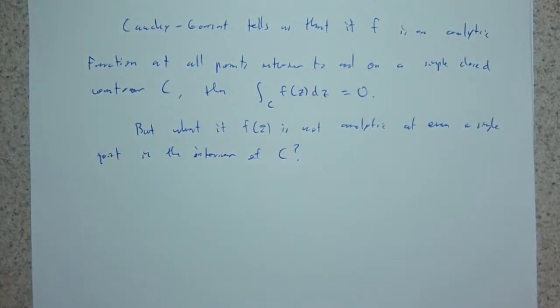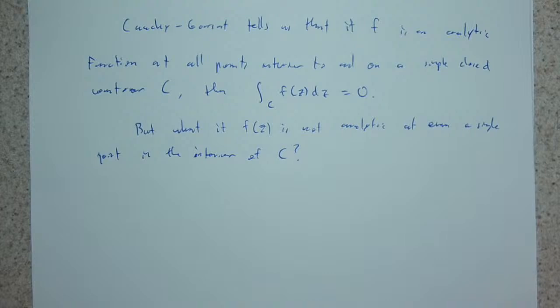Well, what happens is that this integral is not 0. This integral can be all kinds of things. Go back and look at the examples of when we computed the contour integral of 1 over z. That showed a great illustration of what can happen when you have a single point.